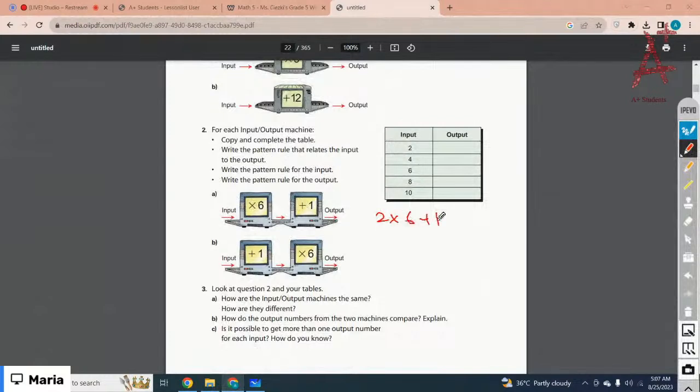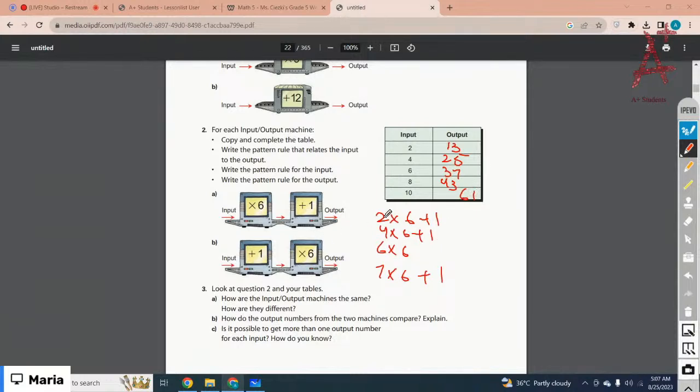So 2 times 6 is 12 and plus 1, 13. 4 times 6 is 24 and plus 1, 25. 6 times 6 is 36 and plus 1, 37. Then 7 times 6 is 42 and plus 1, 43. 10 times 6 is 60 plus 1, 61.